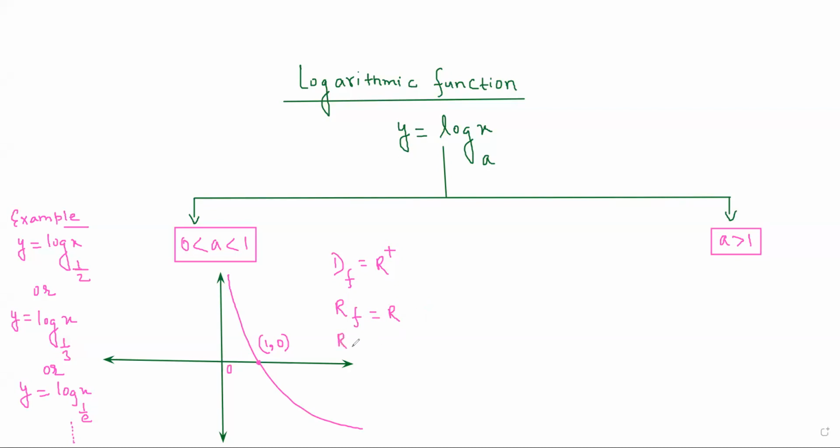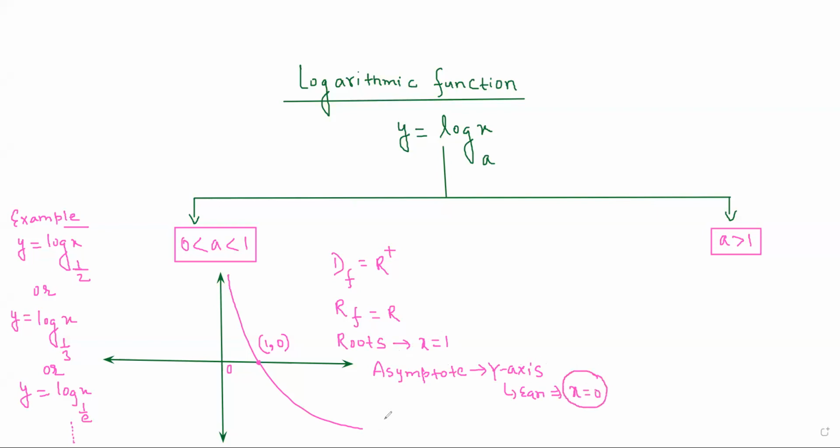Roots. Beta, the root will be x is equal to 1, at x equal to 1 the graph cuts the x-axis. Asymptote. What is the asymptote? The y-axis. And the equation of the y-axis is x is equal to 0.